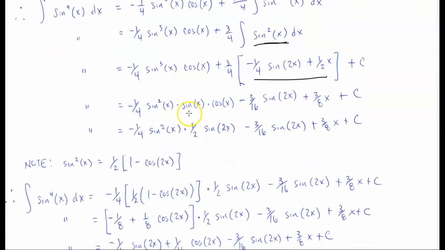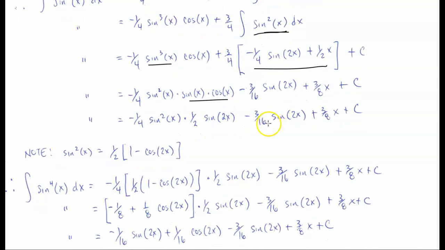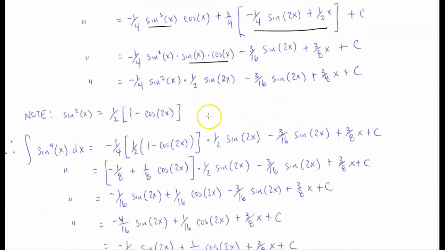I break up this sine of x raised to the 3 into sine squared times sine, and use the fact that sine x times cosine x is 1/2 sine of 2x. Then here we also realize that sine squared of x is going to be 1/2 of 1 minus cosine of 2x.